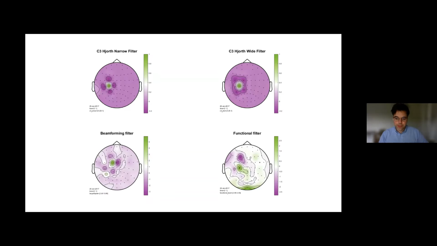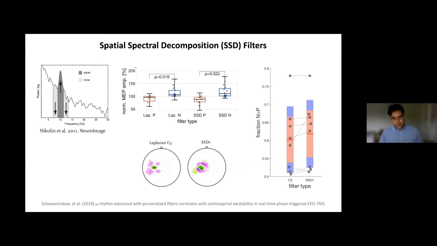So this got us into thinking about how can we improve and personalize the extraction of signals. We looked at different montages and the EEG cap, and individualizing filters with functional methods, with beamforming methods. Here's a quick result that shows that yes, you can get a little bit better using, in this case, fist clenching as an input to improve extraction.